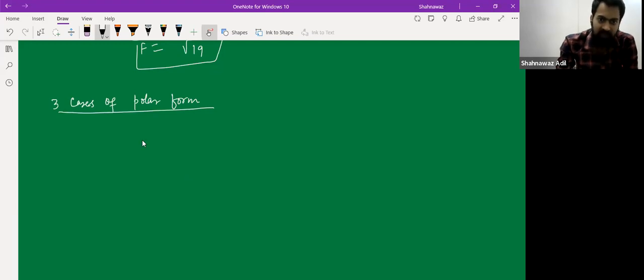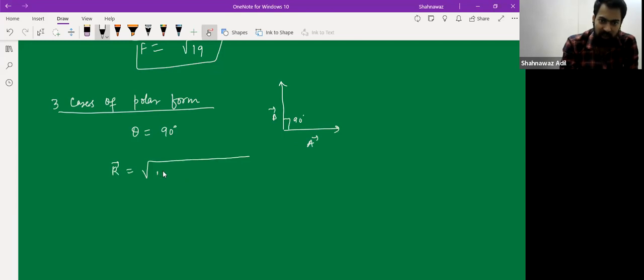Let's say if your theta is 90 degree, so your vectors are A and B and they are at 90 degree, right? So then what would be the magnitude? Magnitude would be square root of A square plus B square plus 2AB cos 90.